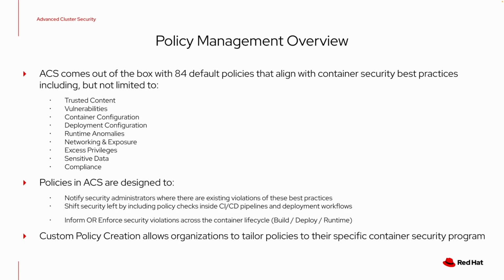Actually, with everything defined in code and everything developed by the developer, we really need to inform them and include them in the security administration process. So the idea would be here, as we referenced in the earlier slide, to use the roxctl ACS CLI in order to insert policy checks within your development pipelines and deployment workflows.